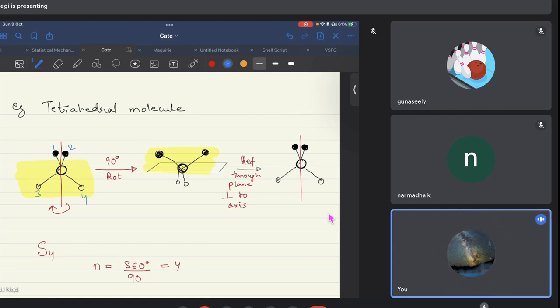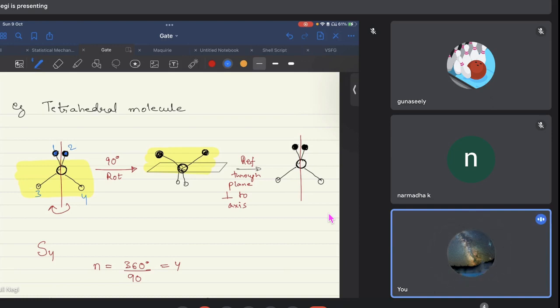Even if they are same, the configuration is different, because I have denoted this as a black one and this as a black one. Why? Because I wanted to give you the rotational insight, because I am not using any model, I am doing it on a two-dimensional paper sheet, correct? So I did a 90-degree rotation. After rotation, this one is coming above your paper sheet, and this 2 is going inside or behind your paper sheet.